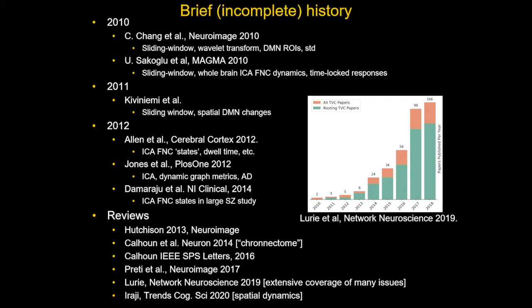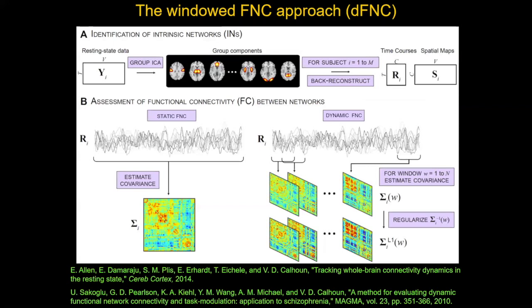Now, let me introduce what I'm going to call the windowed FNC approach. Here we're focusing primarily on time courses that come from ICA components. Their cross correlation or temporal dependence is called functional network connectivity.